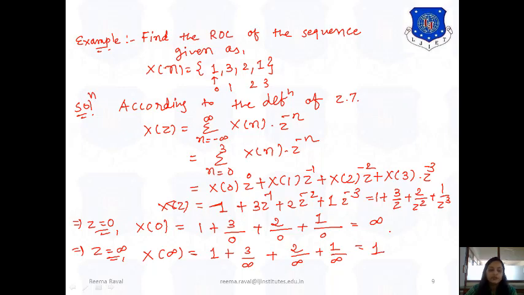So it will be 1. So we have got X of 0 that is infinite and X of infinity that is 1.